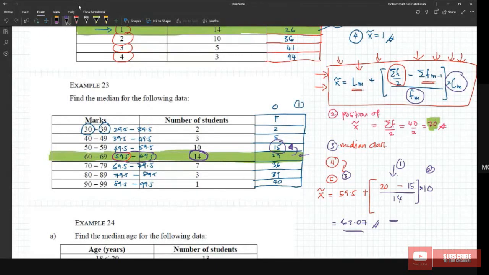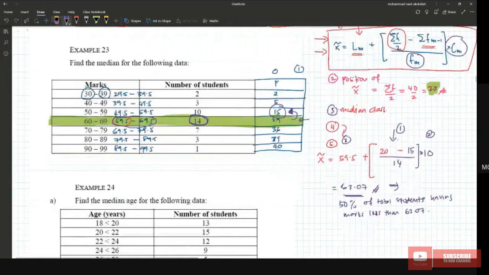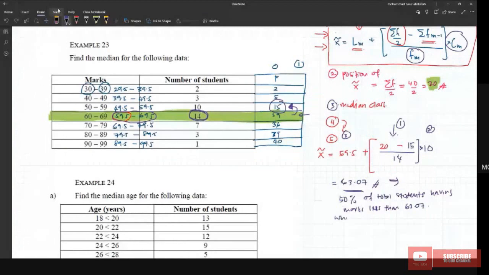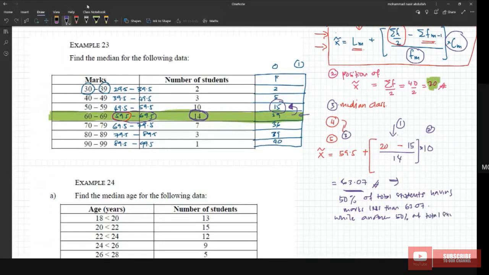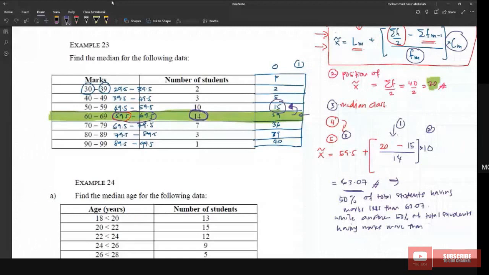So interpretation: 50% of the total students having marks less than 63.07, while another 50% of total students having marks more than 63.07. Right.